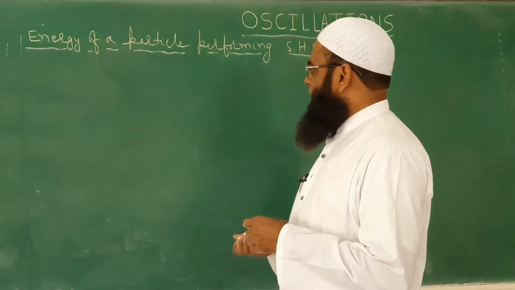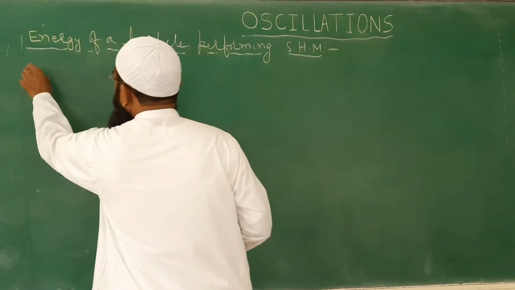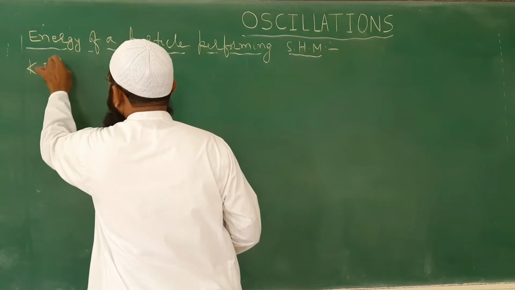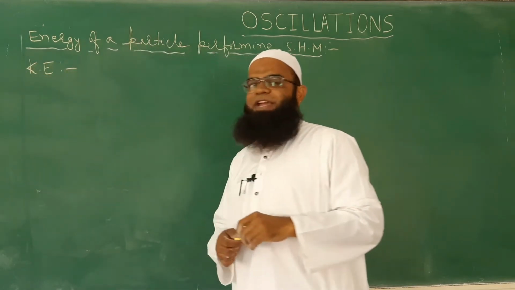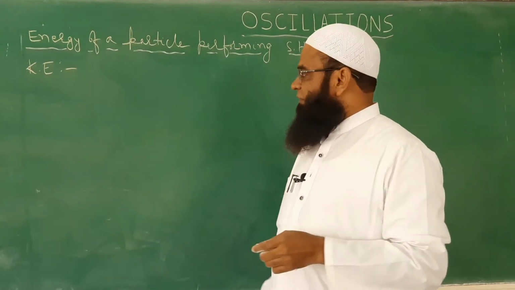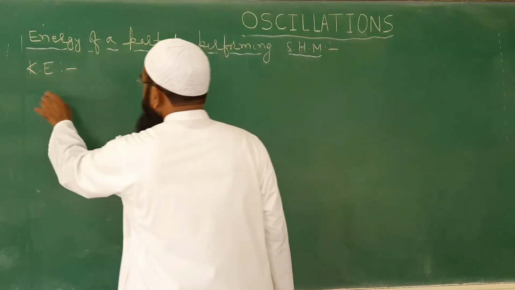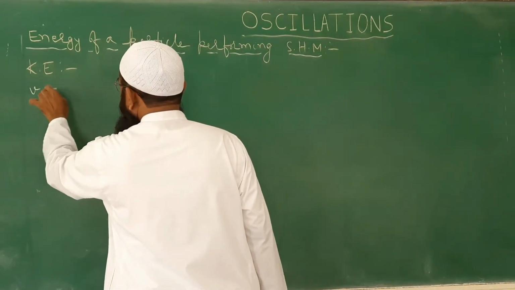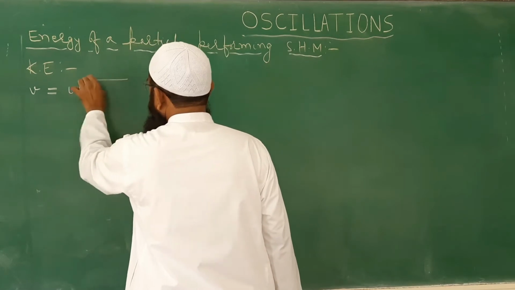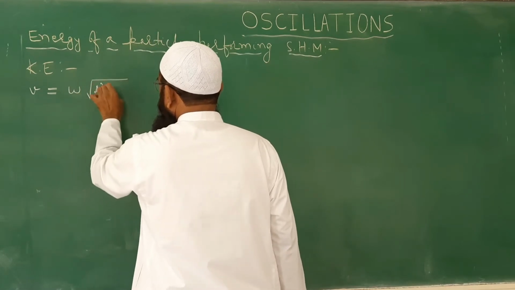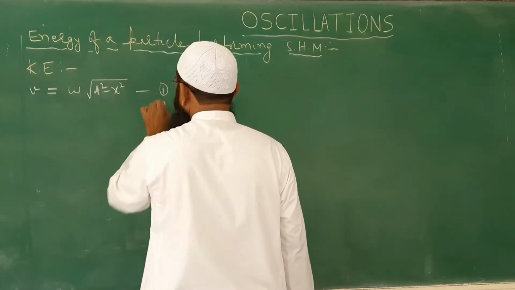So first of all, we will derive an expression for kinetic energy. For deriving the expression for kinetic energy, we know the velocity of a particle performing simple harmonic motion is given by v equals omega square root of a square minus x square.